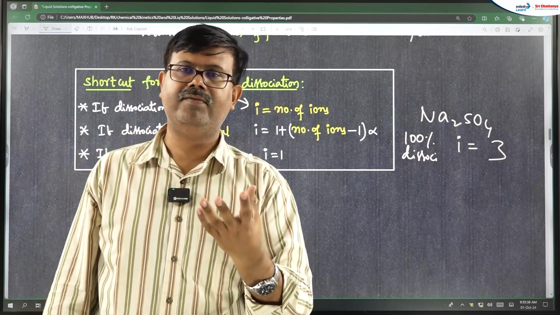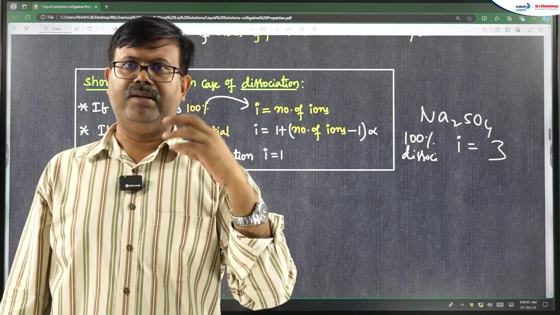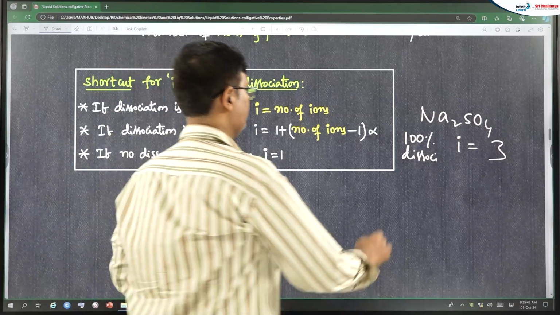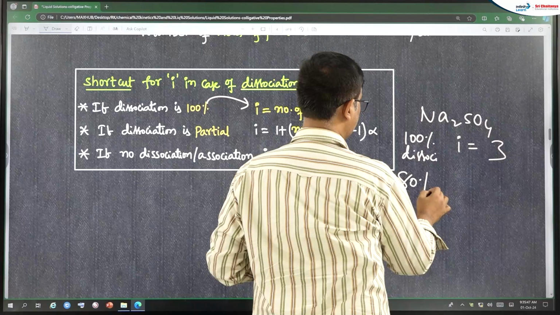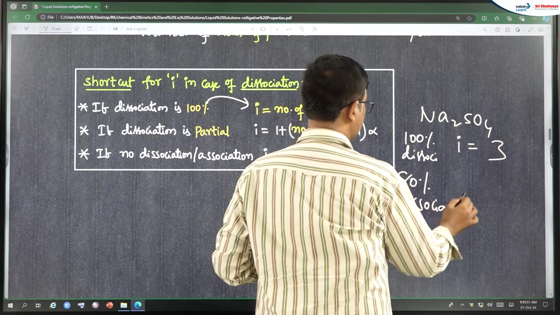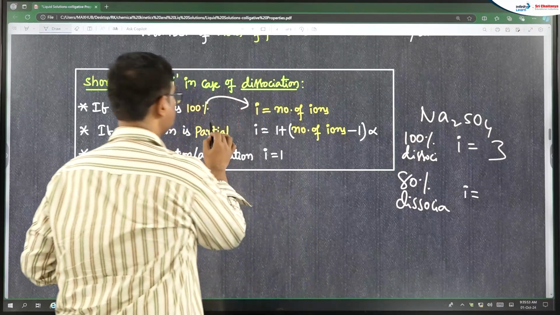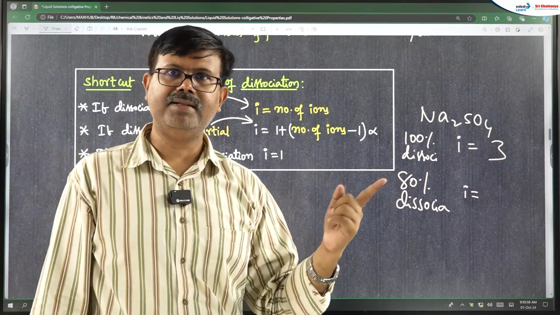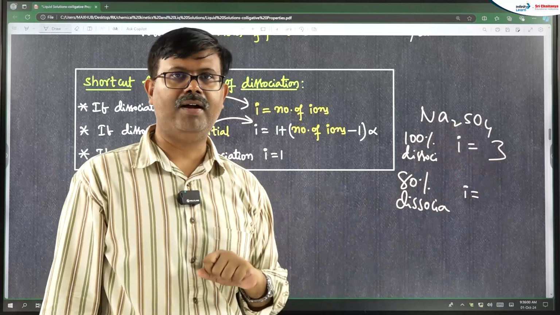Suppose they say in the question, Na2SO4 is only 80% dissociating. What is the Van 't Hoff factor? Then apply the second relation: 1 plus (ions minus 1) into alpha.